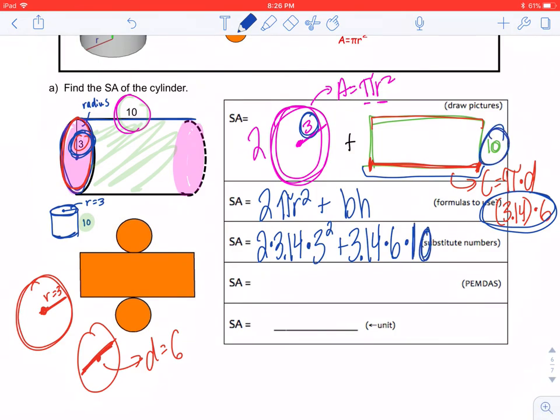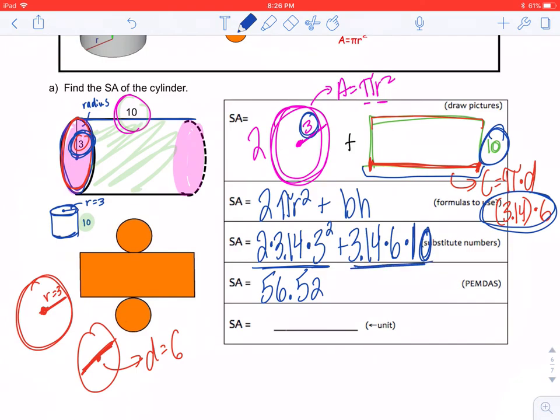Now again, you're just going to need a calculator. I'm going to have to get out my calculator. Again, just make sure you're doing the right order of operations. We have to do this part first, the exponent or indices. So I'm going to punch in my calculator 9 times 3.14 times 2 to give me this portion here, and that is 56.52.